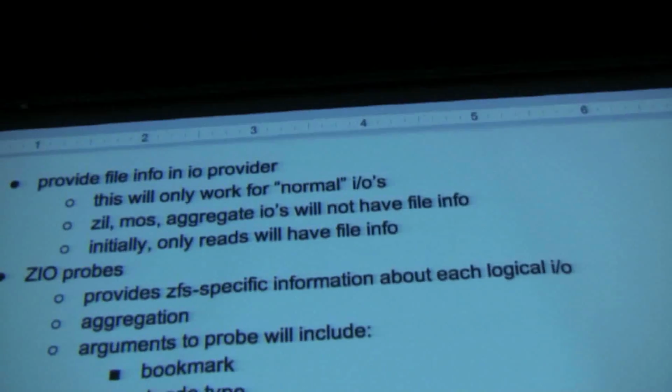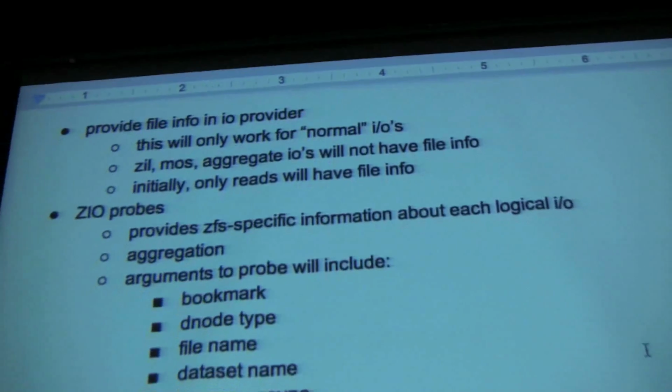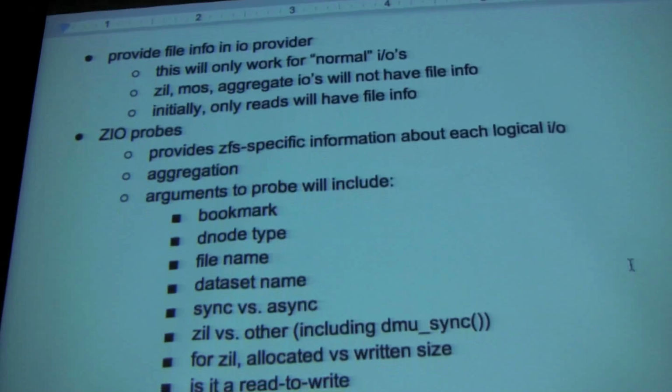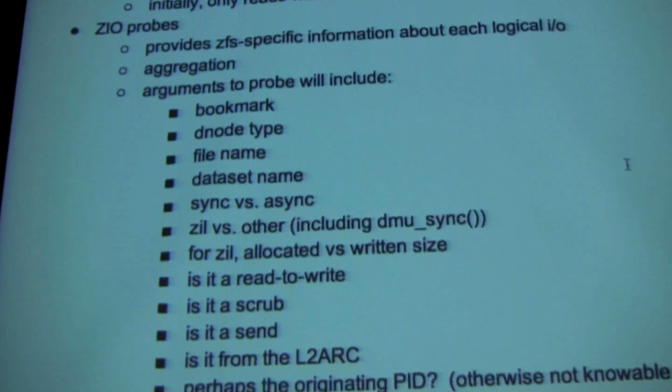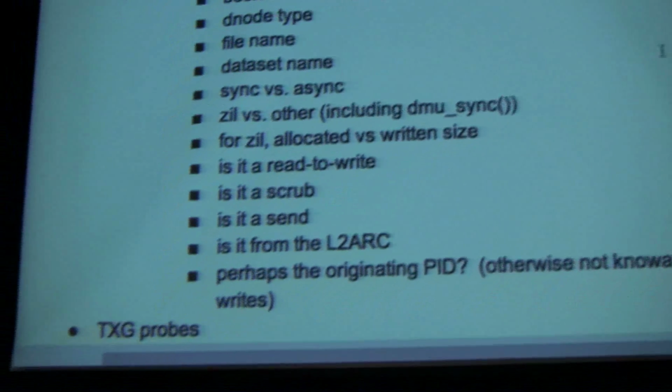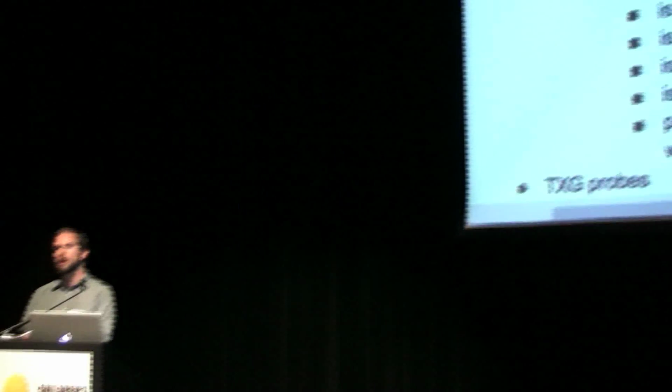Some of the I/Os, like I said, we really can't associate with a particular file because, for example, they're aggregated I/Os where we're doing writes to several different files, and we've aggregated that into one I/O to the disk device, and then pieced together the data from many files.